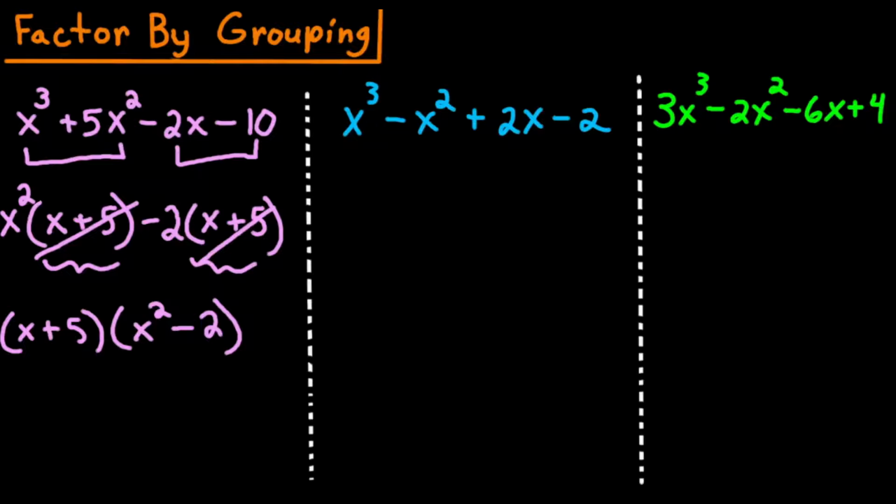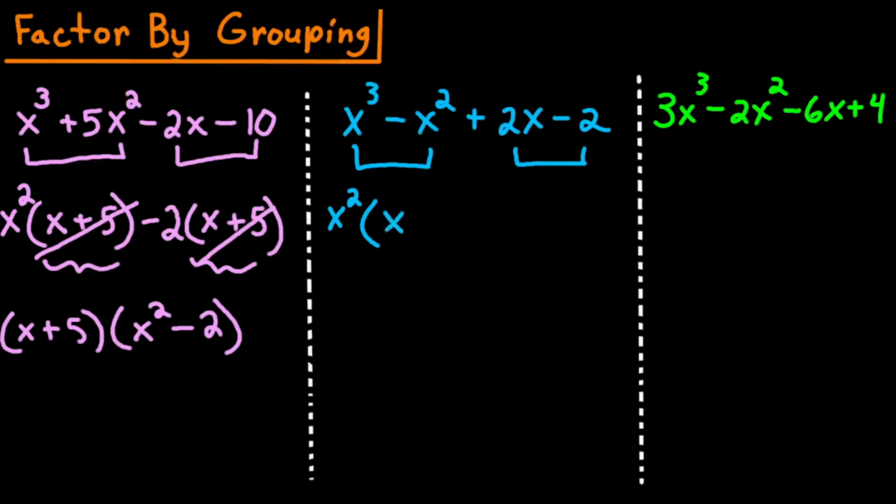For the second example, we have x cubed minus x squared plus 2x minus 2. So same routine. Let's go ahead and group two at a time. So what does x cubed minus x squared have in common? We can take out an x squared. Let's make an open parentheses. And what do we have left over?